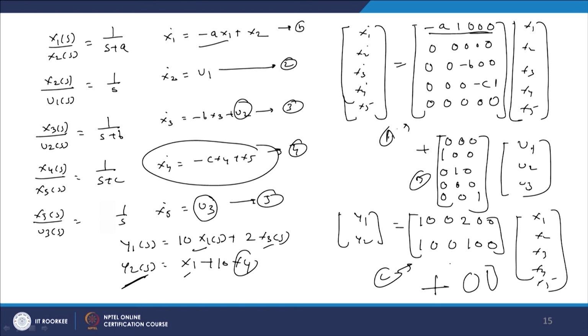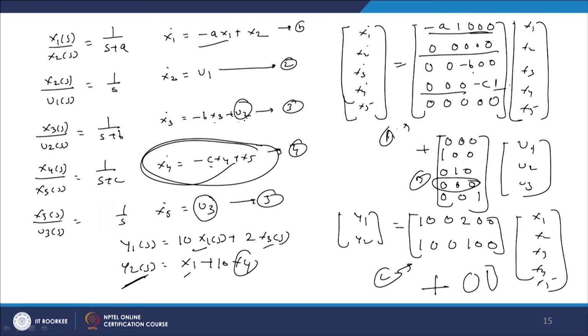So, you can again cross check it. x1 dot equals minus a x1 plus x2, so we have written a1 and 1. Then x2 dot equals u1, the rest of the elements are 0. Then x3 dot equals minus b x3 plus u2. So, we will find the element of b, the rest of the elements are 0, and for u we have represented 0 1 0. Now, coming to x4 dot, the elements of u are totally zeros, whereas for the other elements x1, x2, x3 we have 0 and for x4 it is c 1.